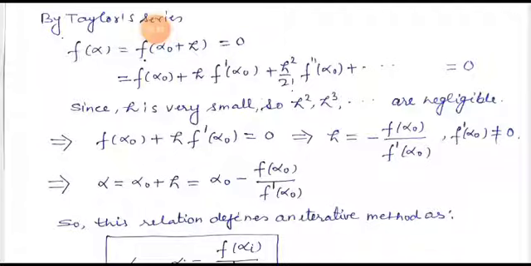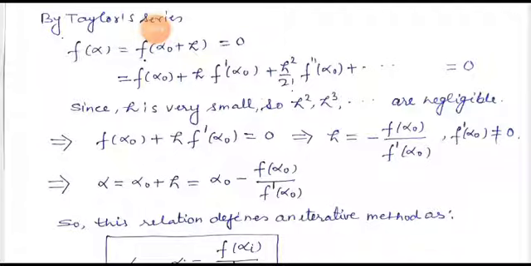Since h is a very small number, h square and h cube are negligible. If any number is less than 1, its higher powers are even smaller.